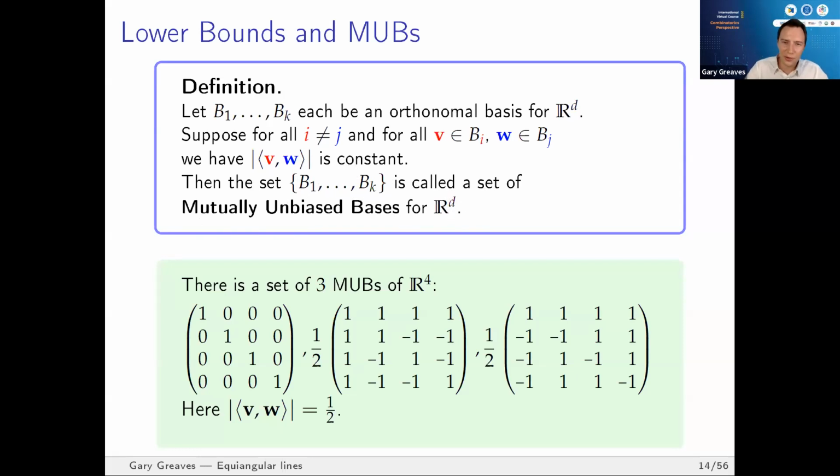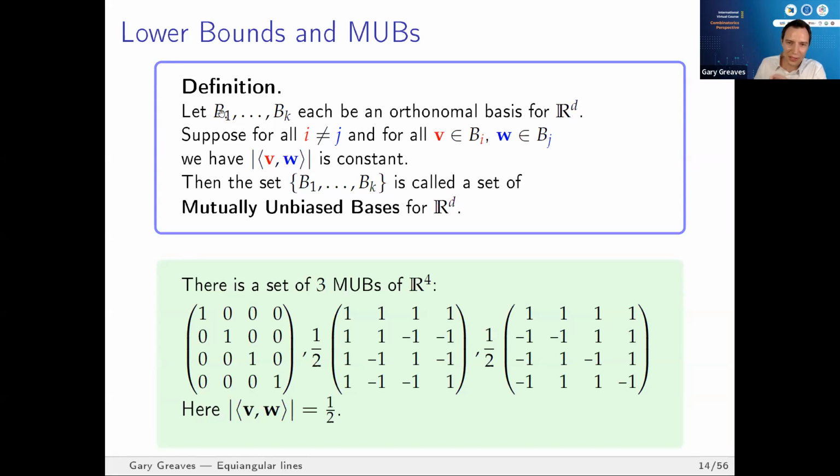Okay, so now let's think about what this means. It's saying that if I take any two vectors from different bases, I get a constant absolute value of inner product between those two vectors. But imagine I take two vectors inside the same basis, then I should get a zero inner product because they're in the same orthonormal basis.